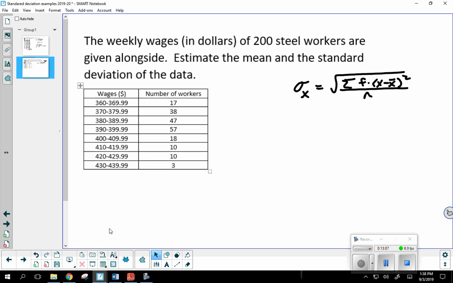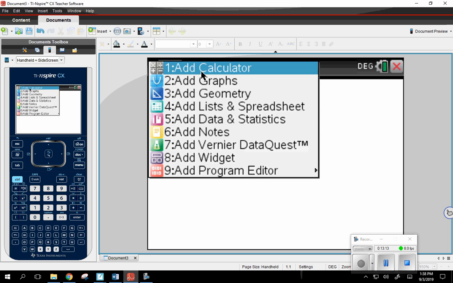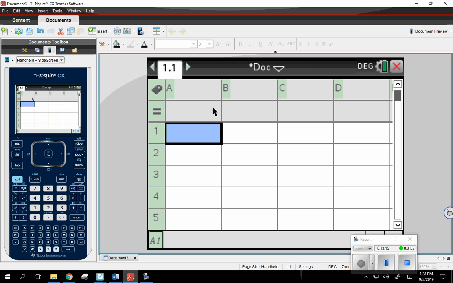Very good. All right, so what I'm going to go ahead and do is come on over here, lists and spreadsheets. Let's say X, frequency. Now, for this first one here, it was 364.995. And then it was going by tens, because that's how the intervals were set up.